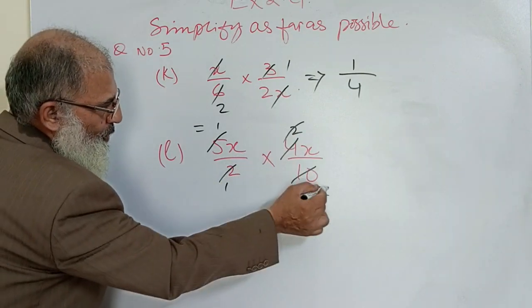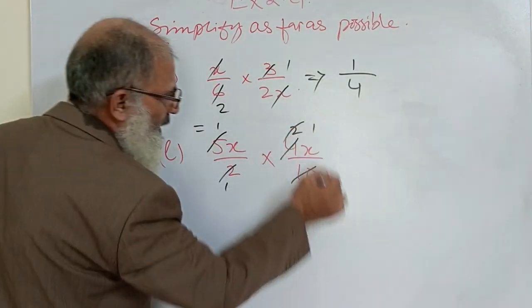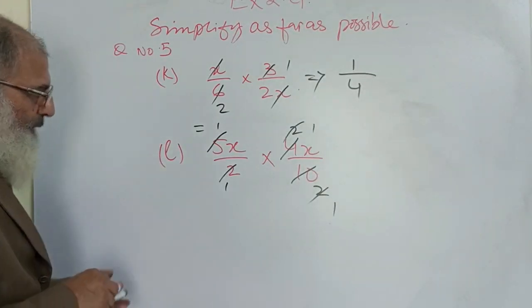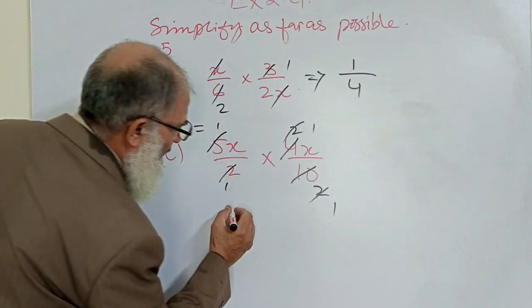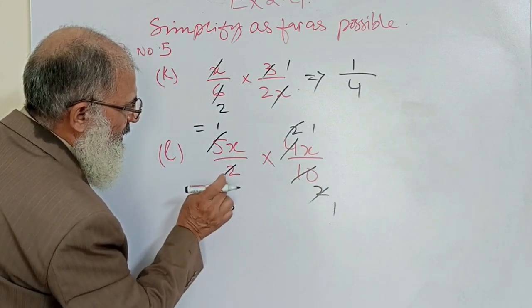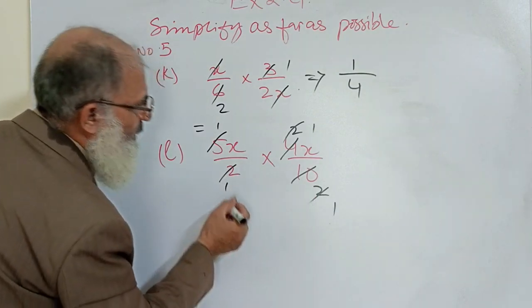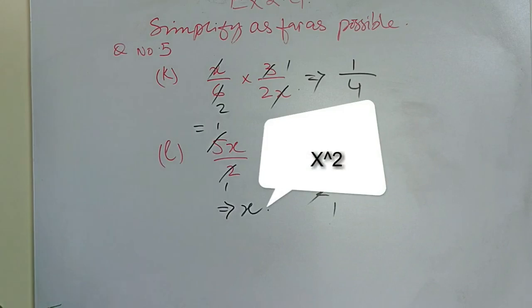Now this 2 goes with this as well. The net result is that we are left with only x and x. This 2 has been simplified, this 2 also has been simplified, so we are left with x.